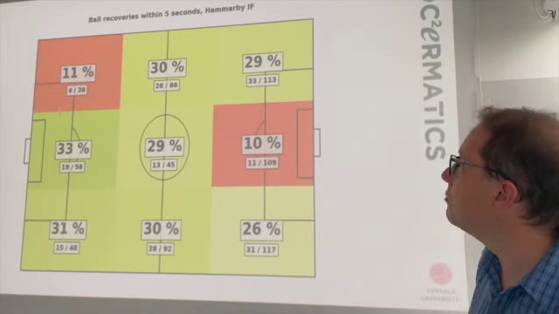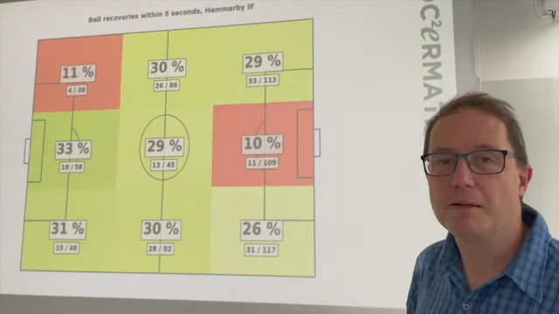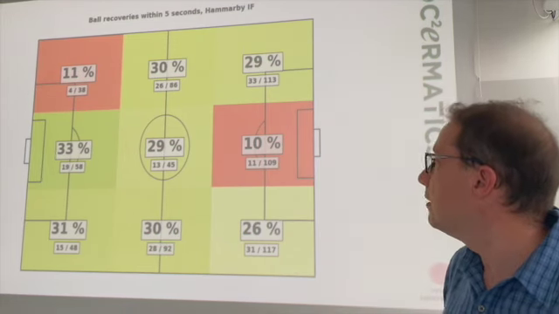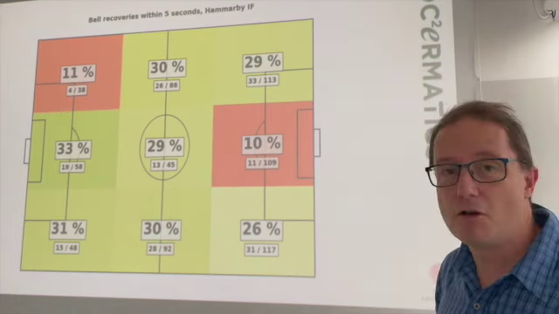I want to close with one example that we used at Hammarby. This was an example where we could see our KPI, key performance index, was very poor. We had a strategy that whenever we lost the ball in the opponent's defensive third, we wanted to win it back quickly. That was a goal for the coaches.